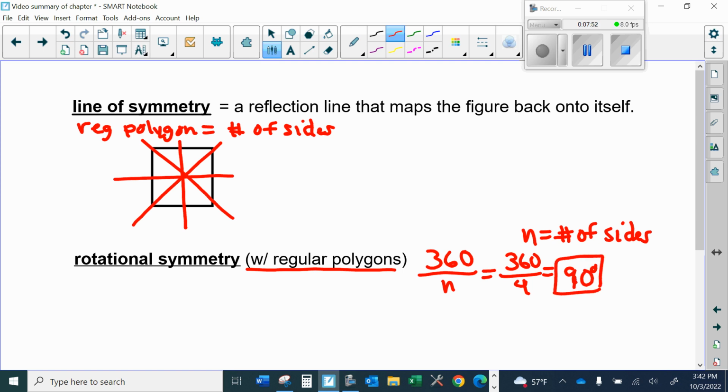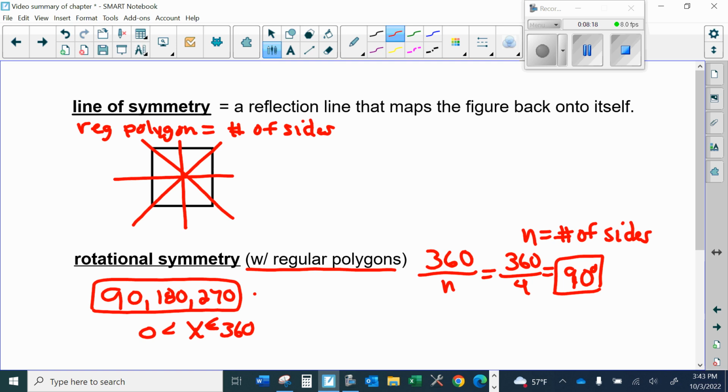So every 90 degrees, it would rotate back on itself. So I'd have 90, 180, 270, and the next one would be 360. My rotational symmetries have to be between 0 and 360. It cannot include 0 or 360. So if I add another 90 on there, it would give me 360, but remember, it cannot include 360 and it cannot include 0. So there would be my rotational symmetries for a square.